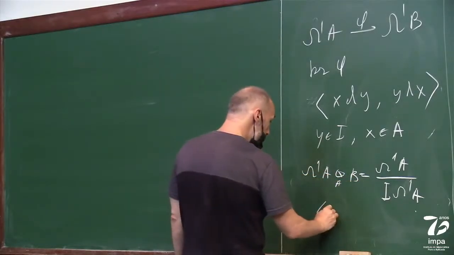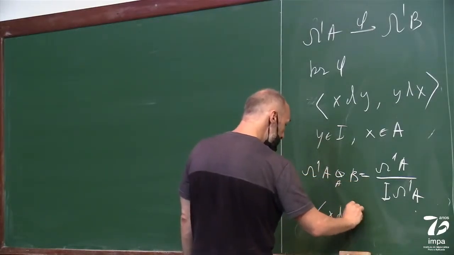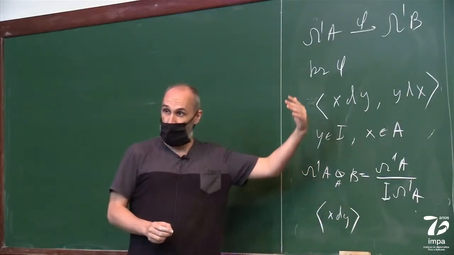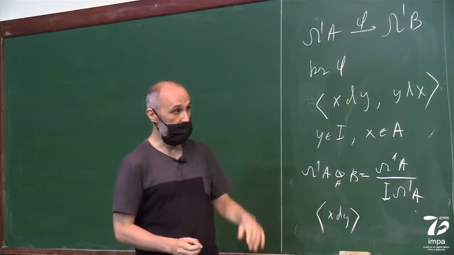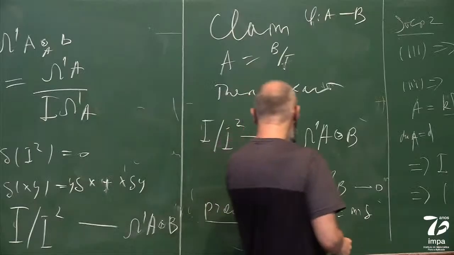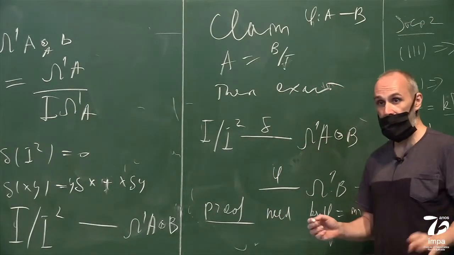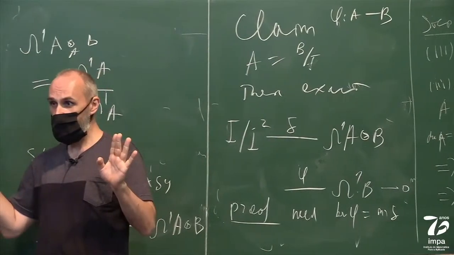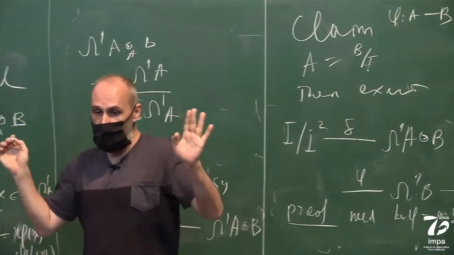So it's generated by x dy, where y belongs to I. So this is why the kernel of φ is the image of δ. Was that clear? This is sort of standard.